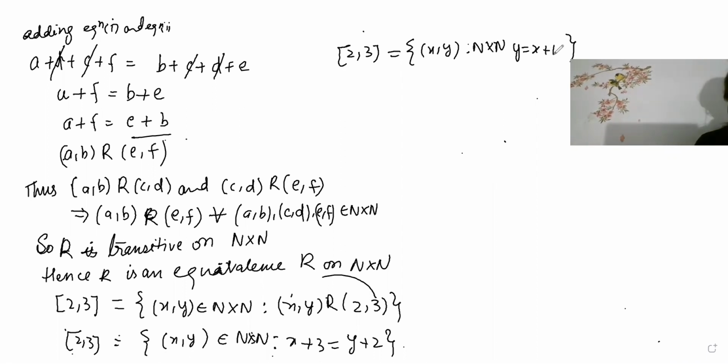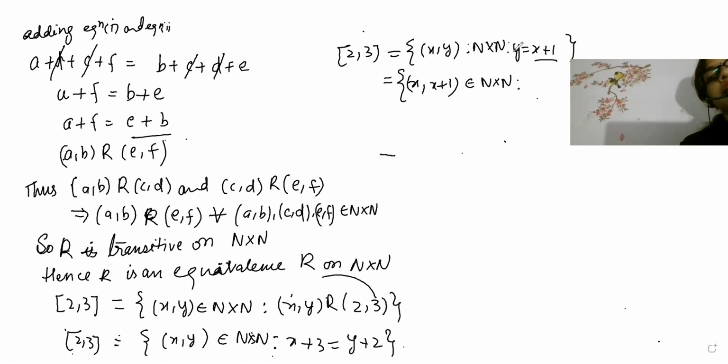Once you write it, whatever value of x you take, according to that, you will get the value of y. So now the new equation will become: this is x, and the value of y is x plus 1, and this will belong to N cross N, such that x belongs to the set of natural numbers. So if x will be 1, y will be 2.